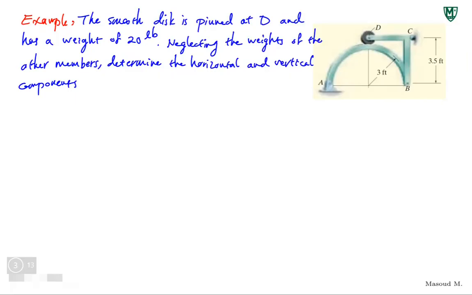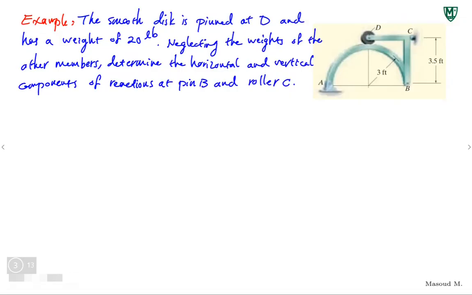Yes, so point C is just a roller. I'm going to add it to the problem statement. Components of reactions at pin B and roller C.